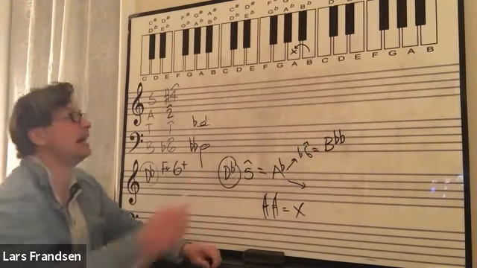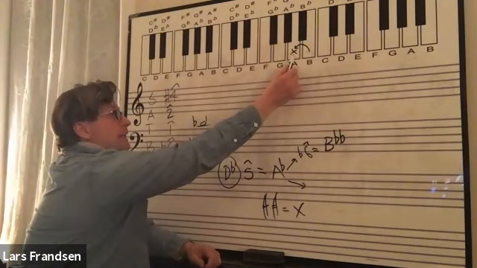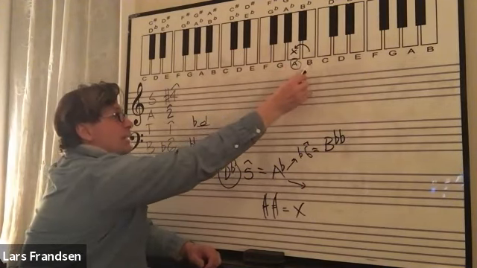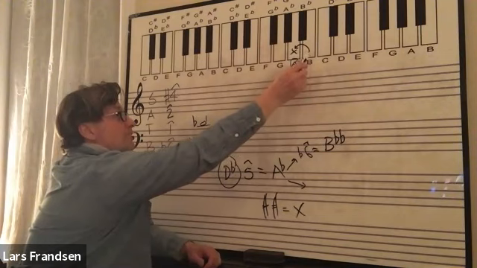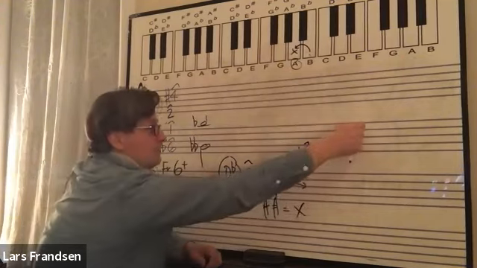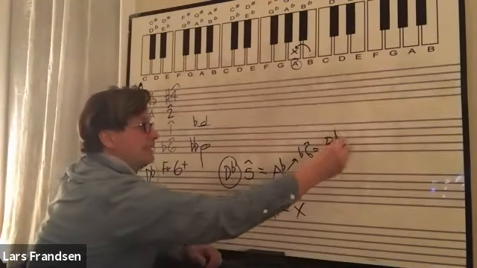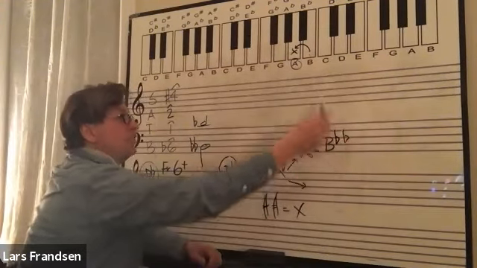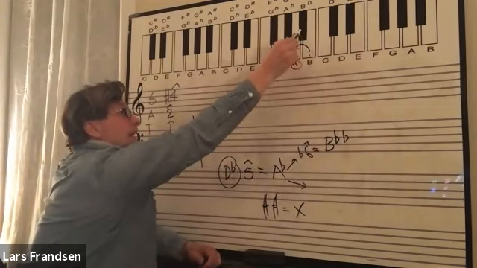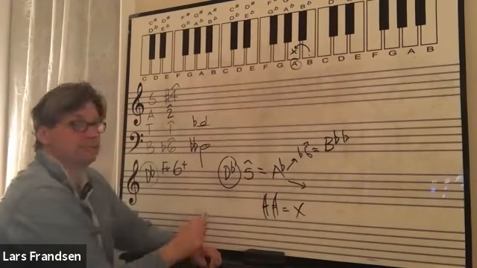I know it has to be that pitch, but I also know I can't spell it with any kind of A, so I have to go to this one here. What brings this pitch down 2 half steps? This is 1 half step, and here's another one. So here, B to B flat, and then B flat to B double flat.